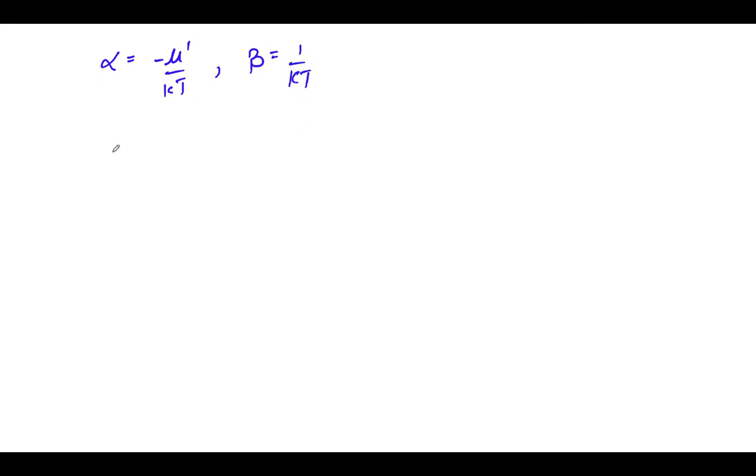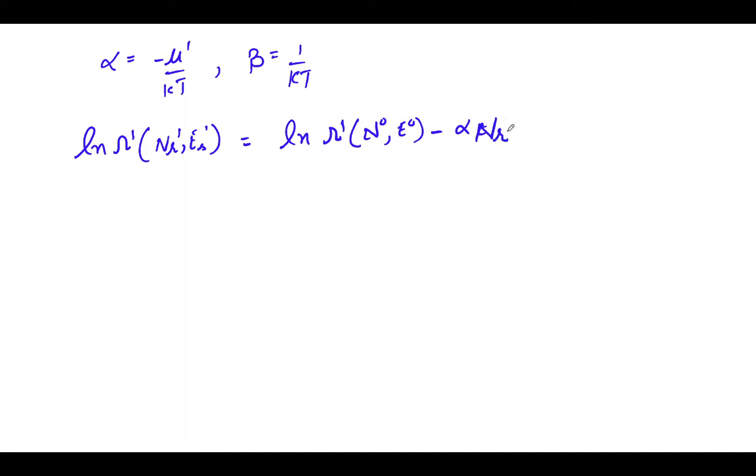When we put these values in equation number 6, our equation becomes log Ω'(Nr', Es') equal to log Ω'(N0, E0) minus α Nr minus β Es. So this term, that is the probability, is dependent upon these two components r and s, which change with respect to the N value and the E value.